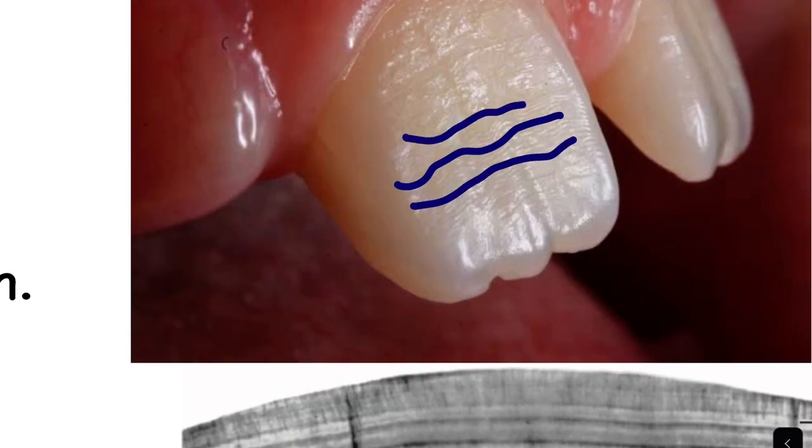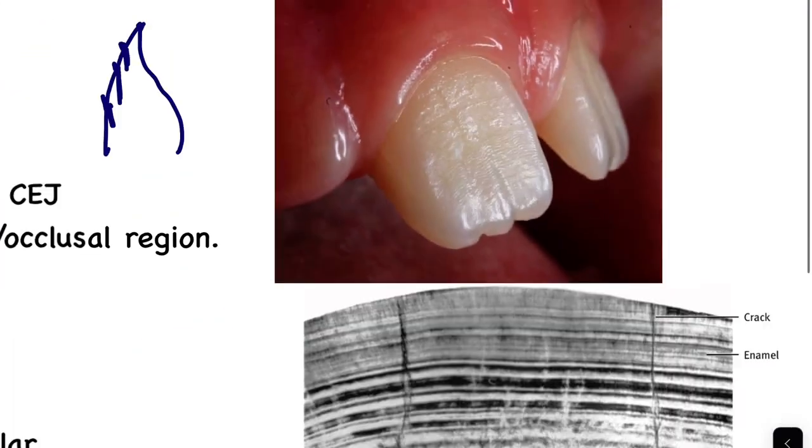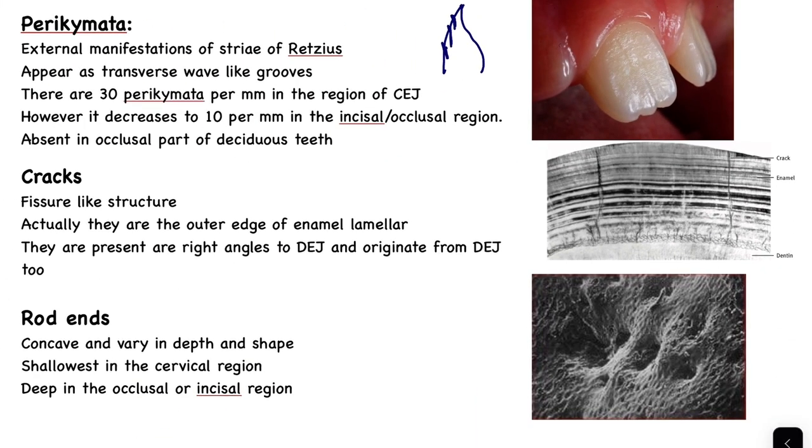This is called perikymata. It is just how the striae of Retzius represent themselves on the outer surface of enamel. There are 30 perikymata per millimeter in the region of the cemento-enamel junction. So over here in the cervical region there will be 30 perikymata per millimeter, but it decreases to 10 per millimeter in the incisal and the occlusal region.